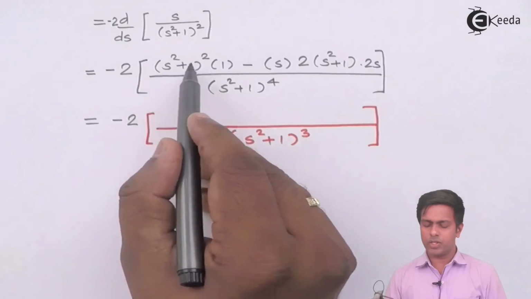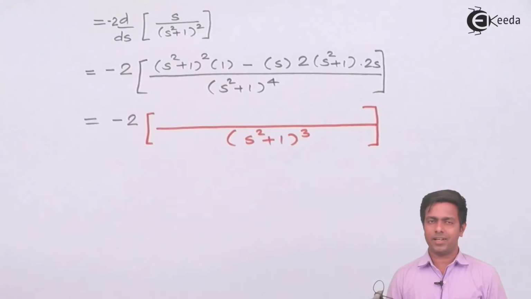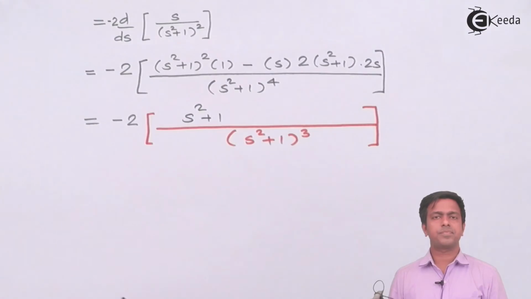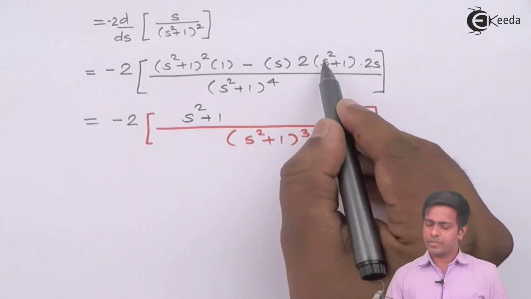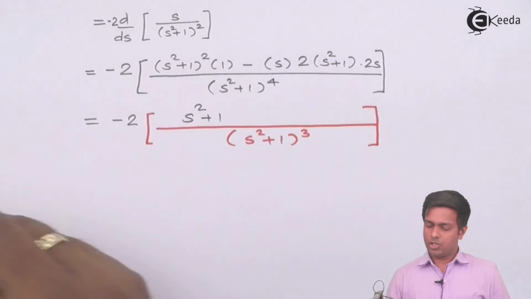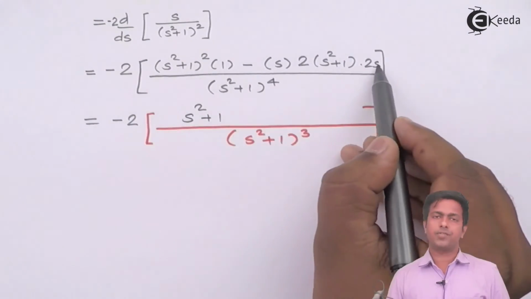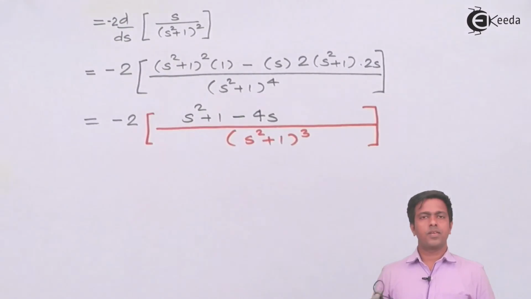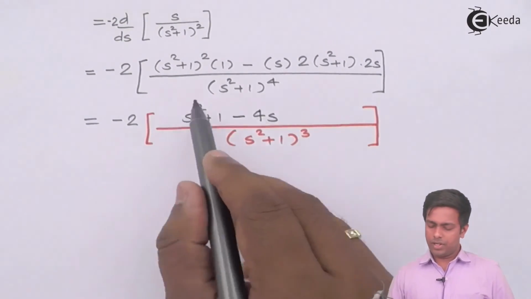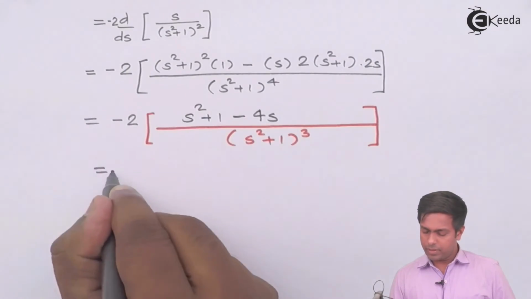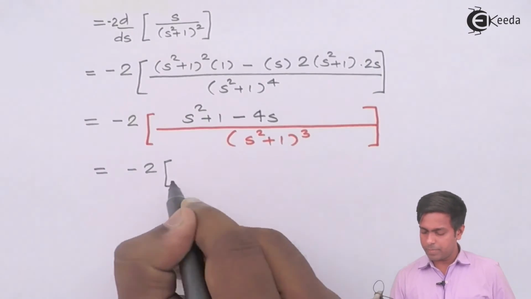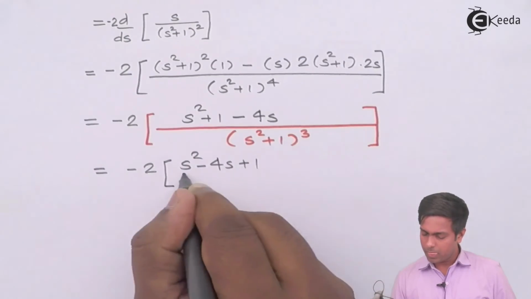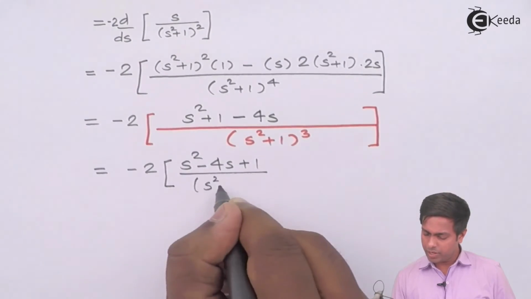From (s square plus 1) the whole square, one term is gone outside, so only s square plus 1 remains. Next, this s square plus 1 has gone outside, so 2s into 2s is 4s, so it is minus 4s. So here we will get minus 2 in bracket s square minus 4s plus 1 upon (s square plus 1) the whole cube.